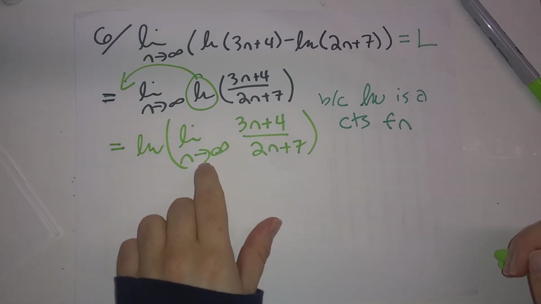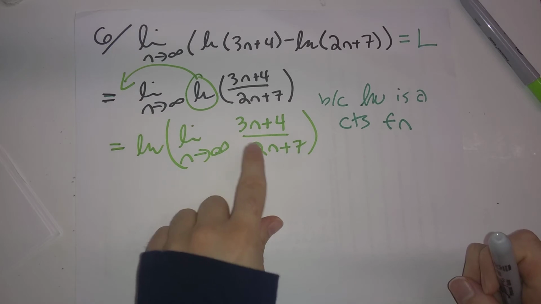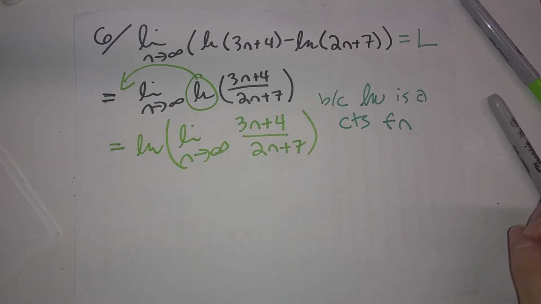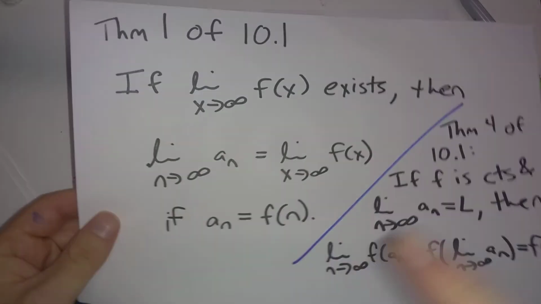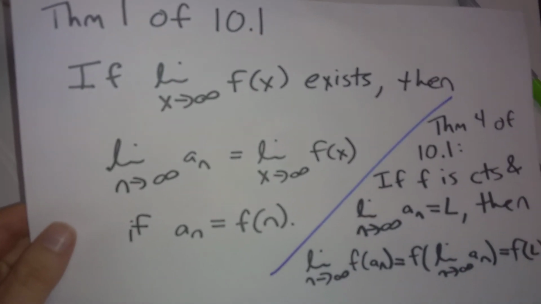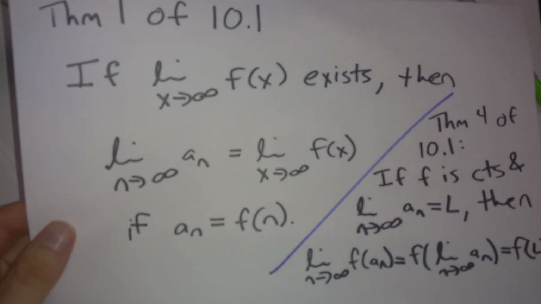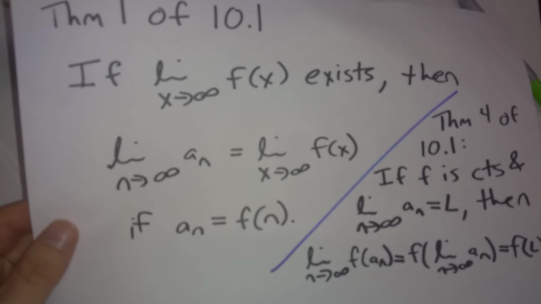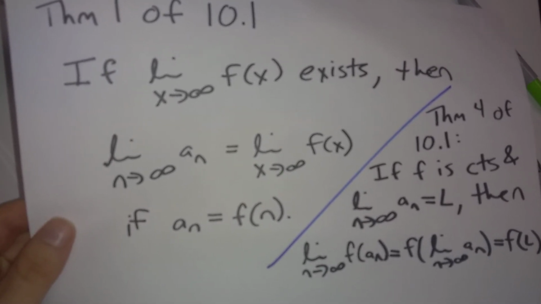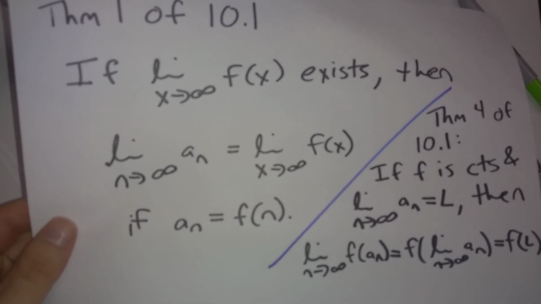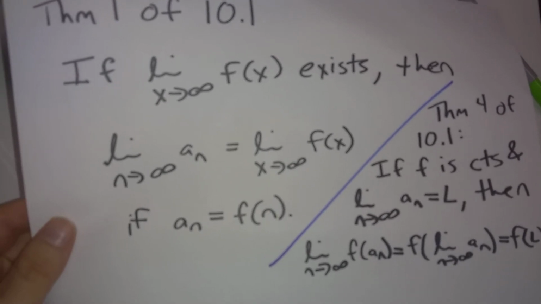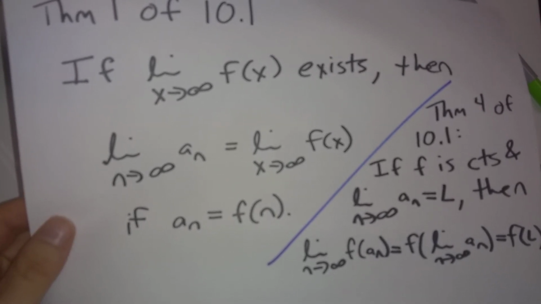Okay, so now we have to do the limit as n goes to infinity of 3n plus 4 divided by 2n plus 7. Now I'm going to use theorem 1 of 10.1, which says if the limit as x goes to infinity of f of x exists, and a sub n is f of n, then the limit as n goes to infinity of a sub n is the same as the limit as x goes to infinity of f of x.